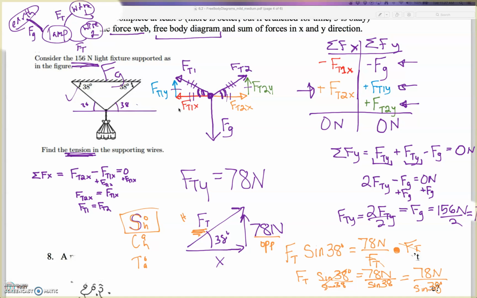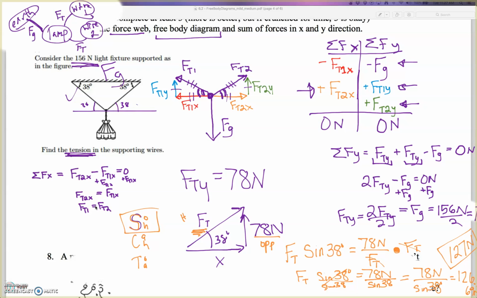And I have an answer of 126.69 newtons. So I'm actually going to round up to 127 newtons. And that is the force tension in both of these ropes. Because they're both at the same angle, they're going to have the same force tension, which we proved by looking at the values in the x direction.